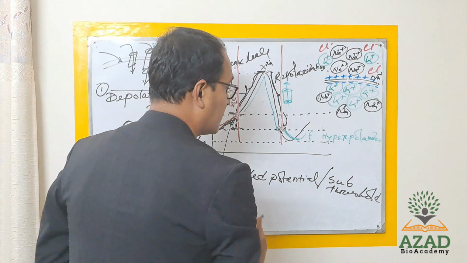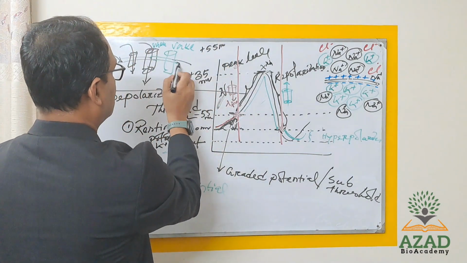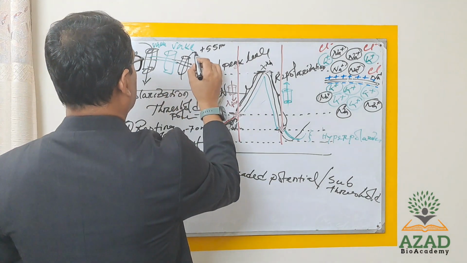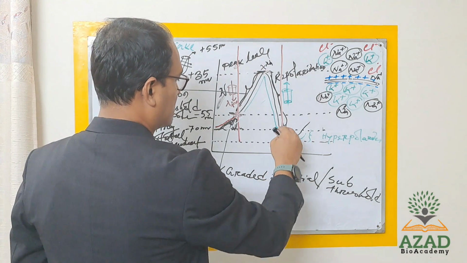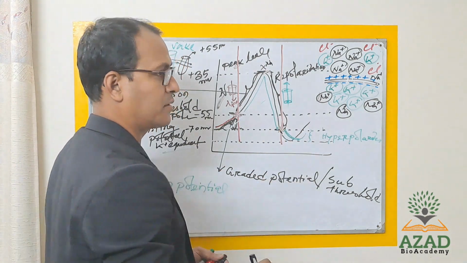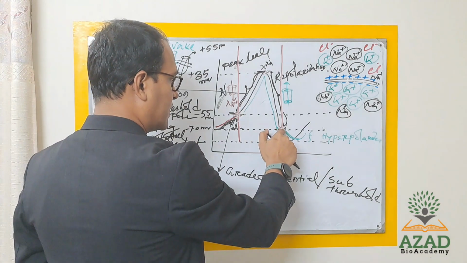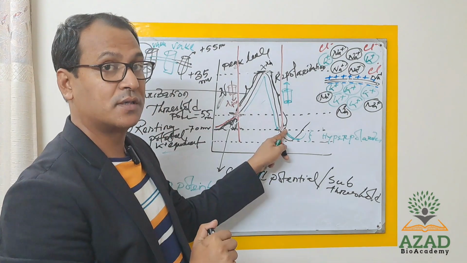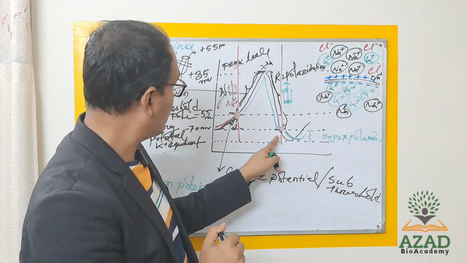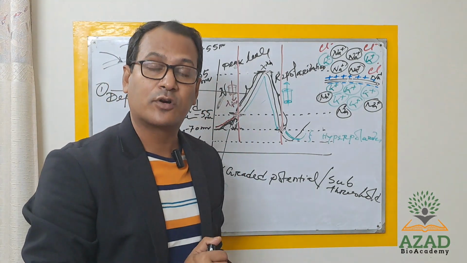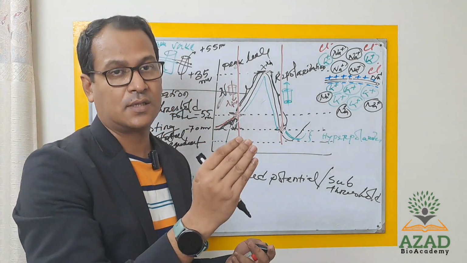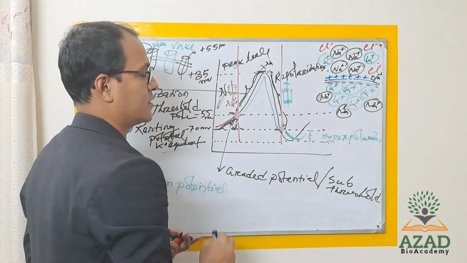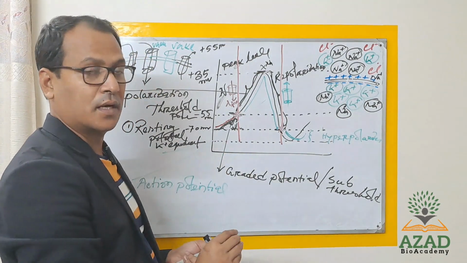That means through the leak potassium channel, some potassium will exit, and then it will just go below the resting membrane potential, because when it reaches the resting membrane potential, the voltage gated potassium channel will close, and you know the leaky potassium channel is always open. So through this channel some potassium will continuously exit, and that will cause hyperpolarization, and it's very important.